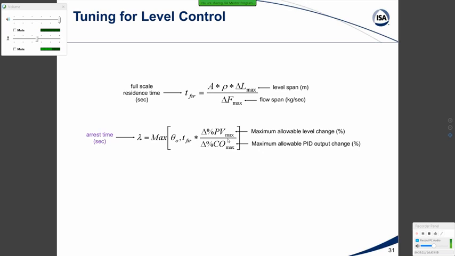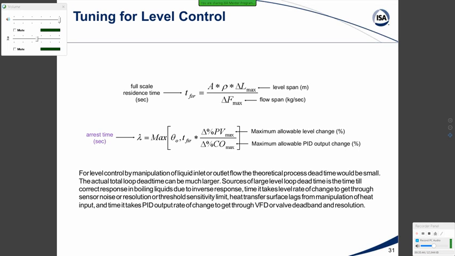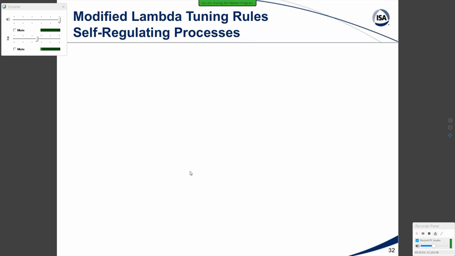But if you're talking about surge tank level control, or wherever you want to maximize the absorption of variability into the level measurement and not be manipulating the downstream flow, then this multiplier approaches 1, and you get a reset time that approaches the full-scale residence time. You have to make sure when you're going for tight level control that lambda reset time should never be less than the dead time.